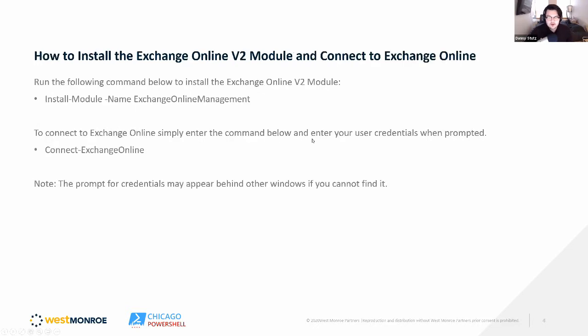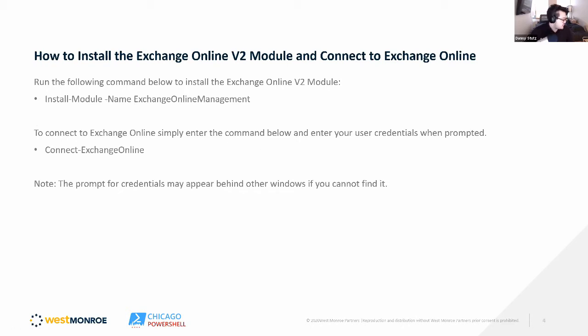So let's quickly go through how to install the Exchange Online v2 module and connect to Exchange Online. This is a bit different from the way that version 1 functions. We'll go over that later, but this is how you do it for the newer updated Exchange Online v2 module. All you have to do is run the command in any window, Install-Module, and then specify ExchangeOnlineManagement.